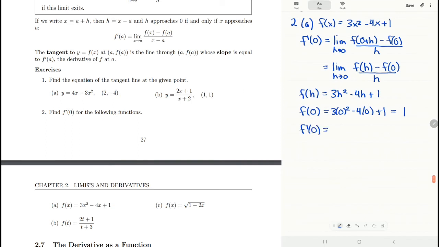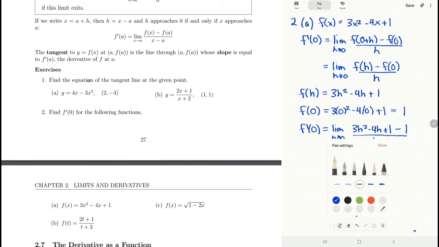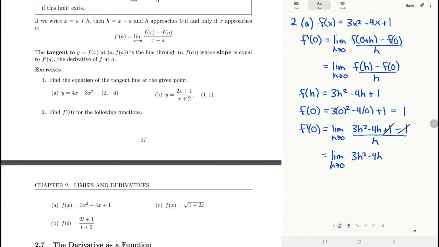So now we can determine f prime of 0. We have the limit as h goes to 0 of f(h), which is 3h squared minus 4h plus 1. We subtract f(0), which we determined to be 1, and that's all divided by h. So now we can cancel the positive and the negative 1, and we're left with the limit as h goes to 0 of (3h squared minus 4h) divided by h.